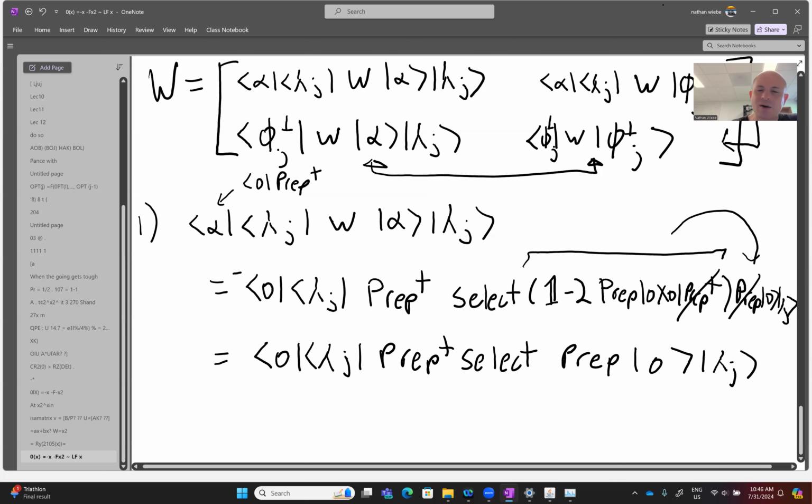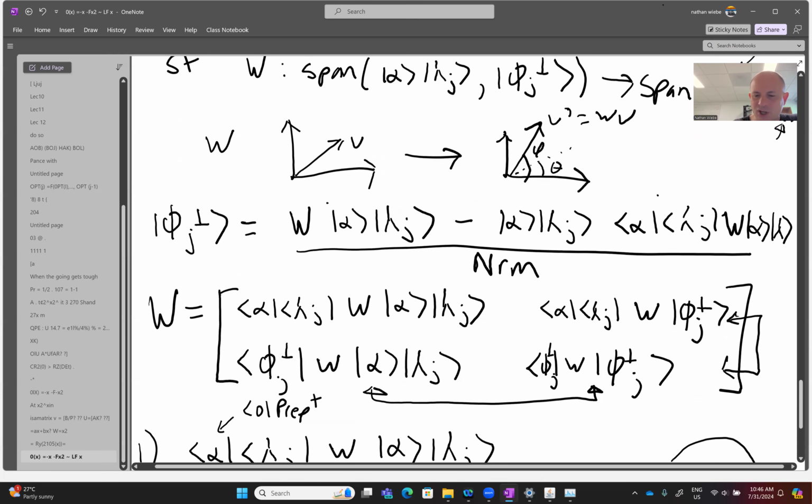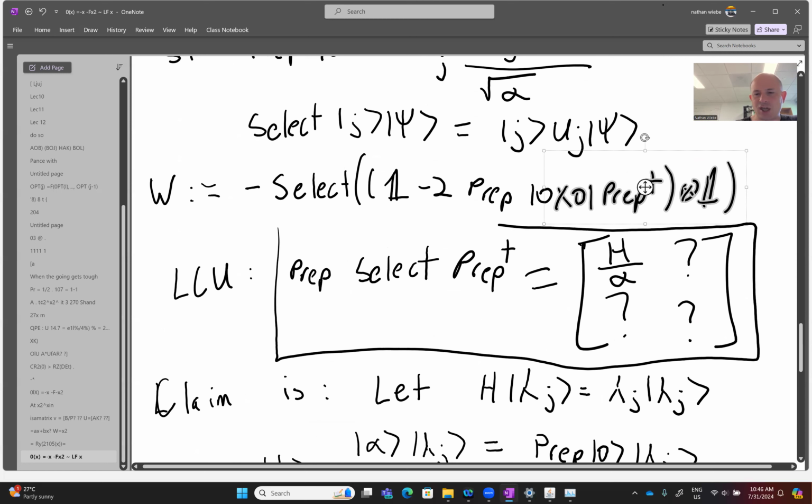There we go. Now, using the LCU lemma, this actually ends up just being lambda j, H over alpha, lambda j, because, as I mentioned before, this combination of prep, select, prep dagger is just equal to H over alpha.